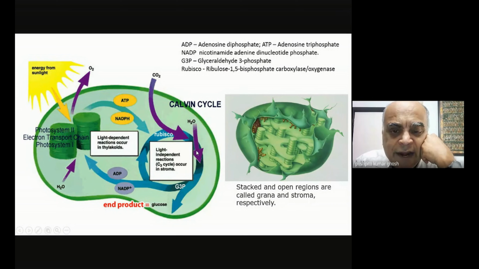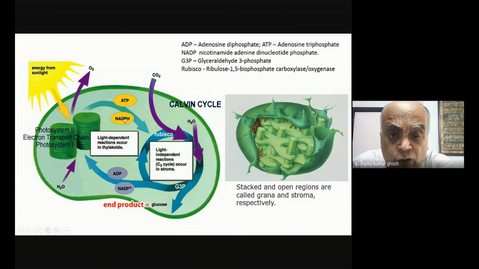Water is there, and you have an enzyme which is known as Rubisco. Rubisco is ribulose 1,5-bisphosphate carboxylase oxygenase. This is an enzyme. Don't worry about it. I'll show you broadly what it looks like.